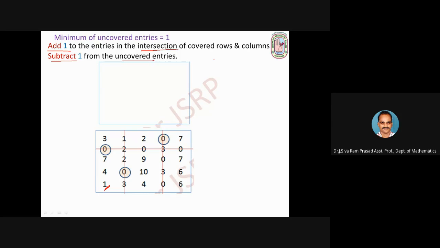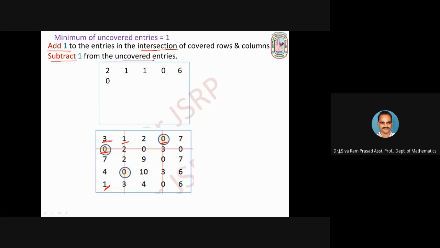Okay, right? So this is an uncovered entry, so subtract 1: 3 minus 1 is 2, then 1. This remains the same since it lies in a covered column only. Again, 2 is an uncovered entry, subtract 1: 2 minus 1 is 1, then 0. That remains the same. 7 is uncovered, subtract 1: 7 minus 1 is 6. Next, this remains 0.